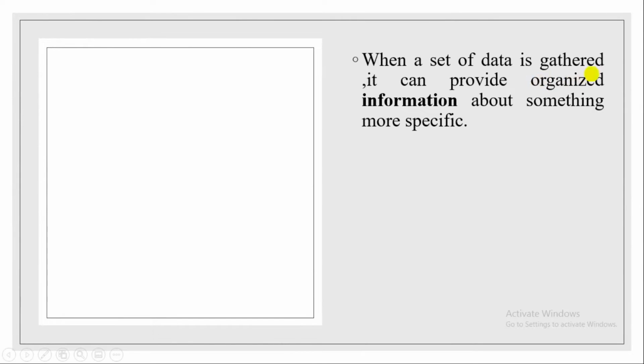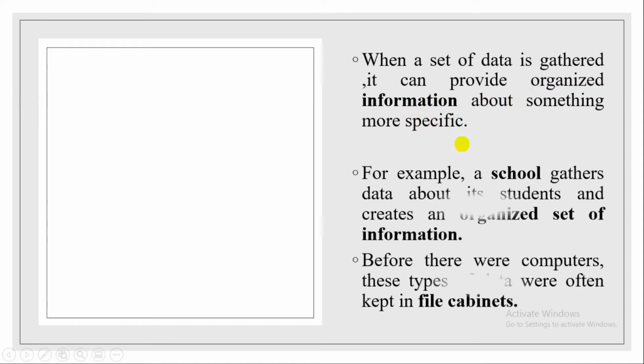When a set of data is gathered, it can provide organized information about something more specific, a specific topic or subject. For example, a school gathers data about its students and creates an organized set of information.